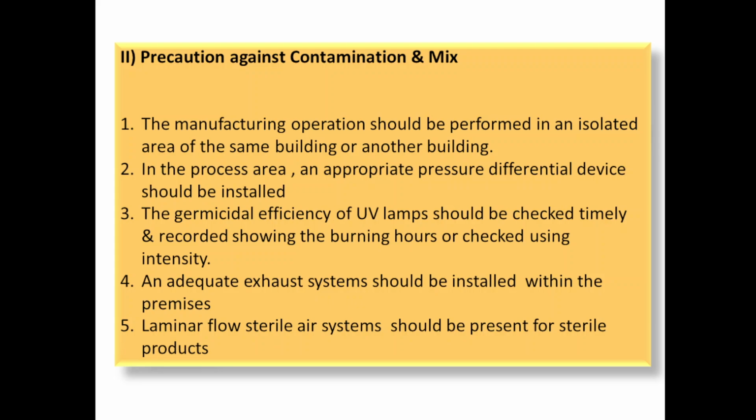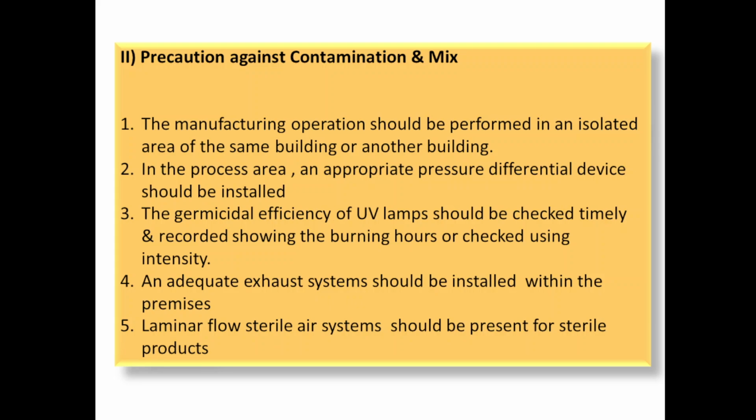A laminar flow sterile system should be present for sterile products. In laminar airflow, there is a HEPA filter which prevents the entry of microbes and airborne particles, and it removes all of these up to a size of 0.3 microns.